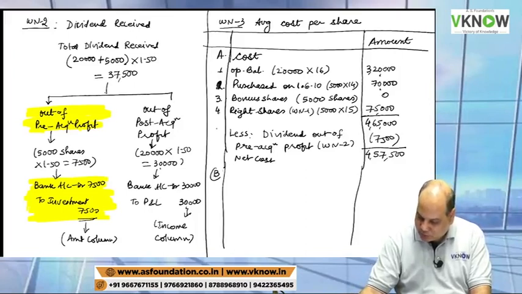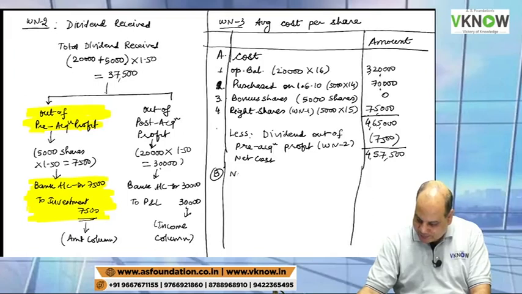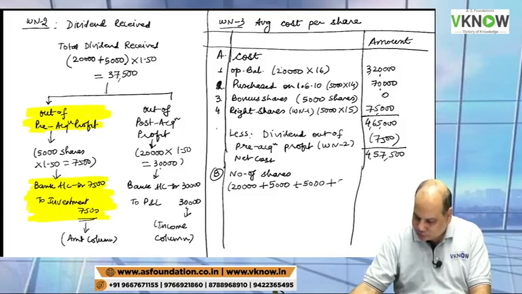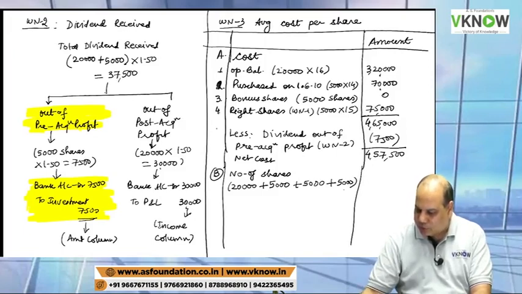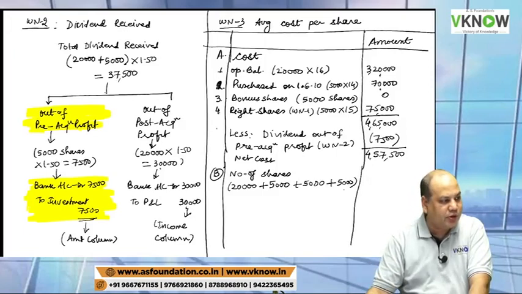Point number B. Number of shares. Number of shares is opening 20,000 plus 5,000 purchased plus 5,000 bonus shares plus 5,000 right shares.